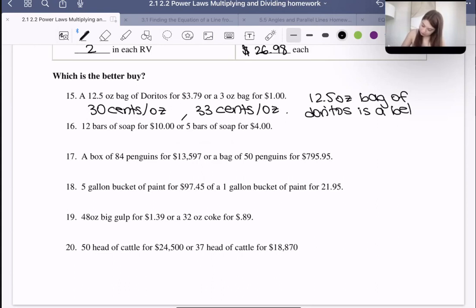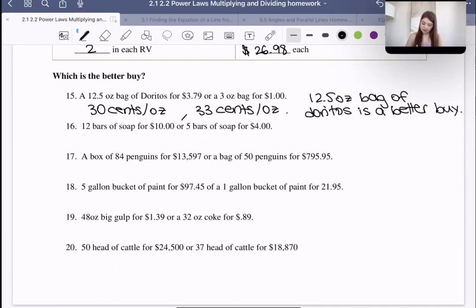We're going to ignore factors like we might want to eat less Doritos as they're not the healthiest, or maybe they go bad. We're going to ignore factors like that for the sake of the exercise. We're just going to say, well, it costs less, so it's a better buy.